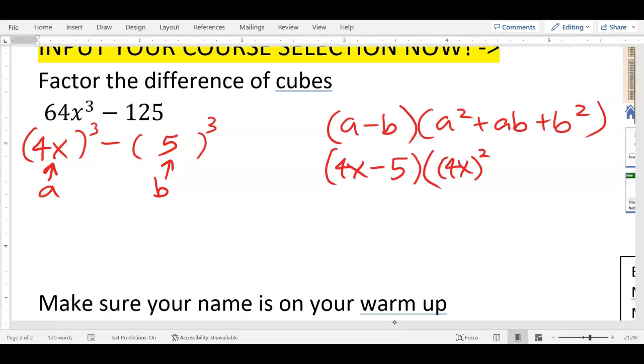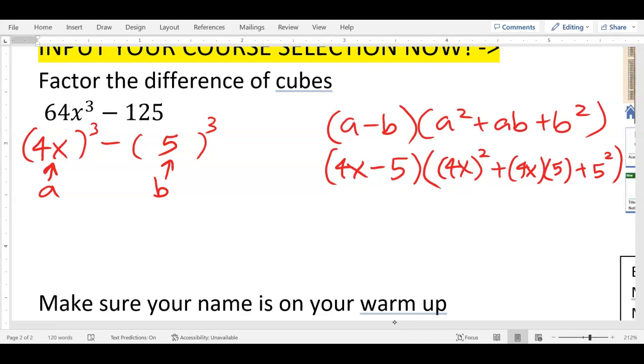That's my A. Now AB means A times B. So I'm going to put A, which is 4x, in parentheses, times B, which is 5. And then the last thing I have there is B squared, which is 5 squared. All I did was replace A with 4x and B with 5.